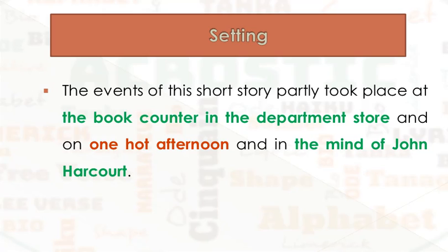So, we have two places actually: the book counter in the department store and the mind of John Harcourt. Time is one hot afternoon.